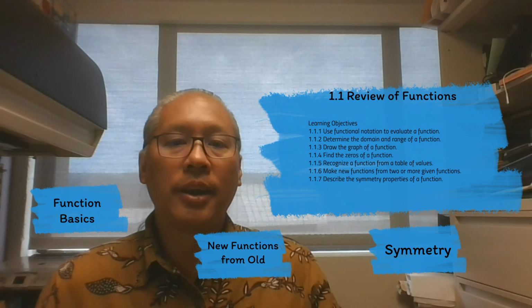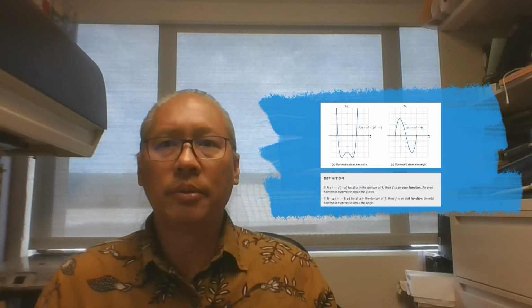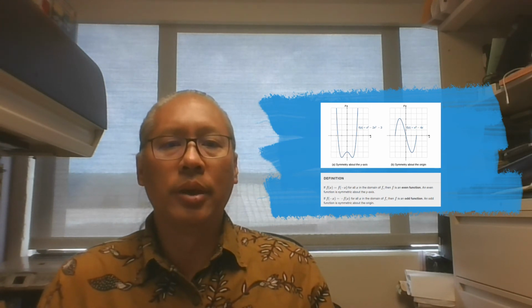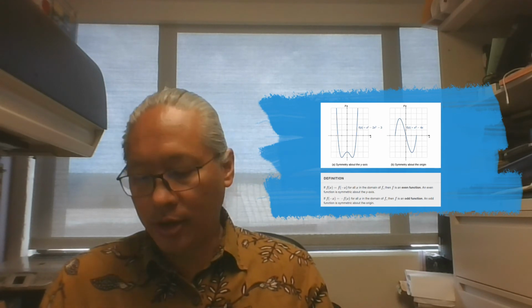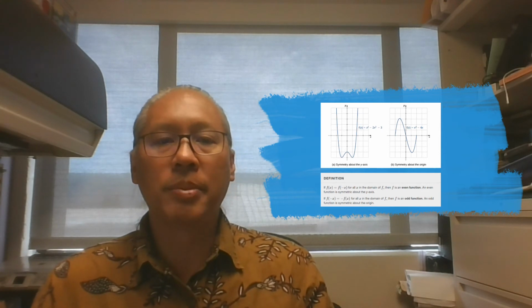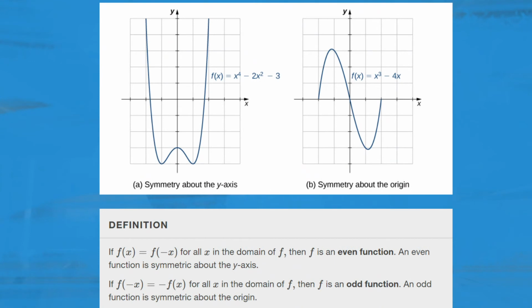All right, finally we're going to study some symmetry. Symmetry just helps us with the idea of visualizing and relating the numbers with a function. And sometimes symmetry will become important for us because we're going to be able to find or deduce some more information about the function. And so here are a couple of examples of functions and their graphs.